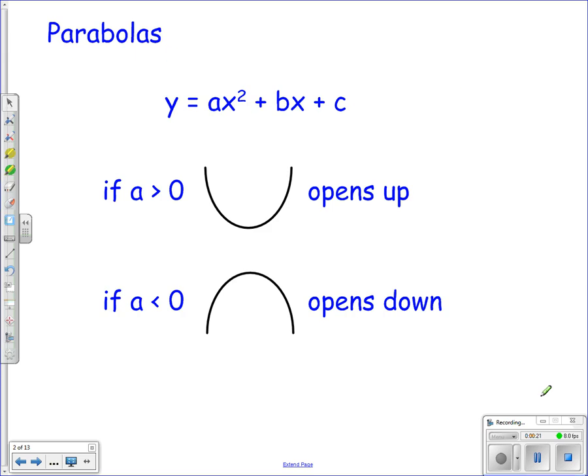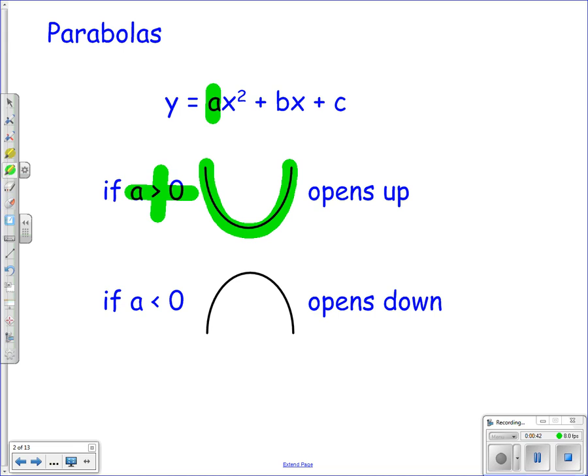To know whether your parabola opens up or opens down, you can just look at the leading coefficient, a. If that leading coefficient is a positive number, then your parabola opens up. A is greater than 0.